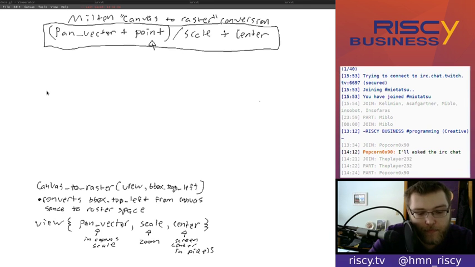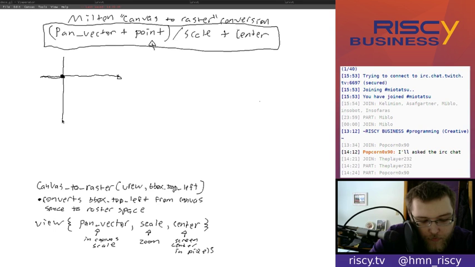So let's draw a canvas. And we're going to draw it kind of like this, instead of a finite image, we're going to represent the canvas as a space with two axes. And so this is the origin.